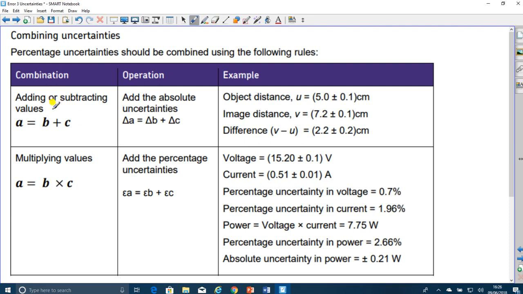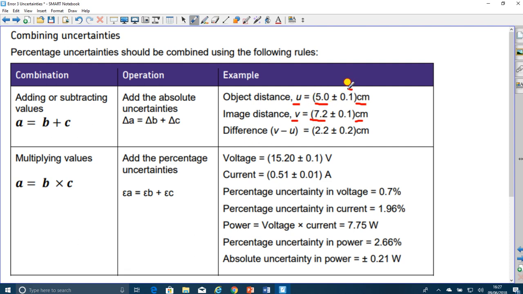So, for example, here we're looking at U and V. U is 5 centimetres, V is 7.2 centimetres, and we're subtracting them or adding them. It wouldn't make any difference whether you're adding or subtracting, but it would matter that they've all got exactly the same units. In this case, it's just 7.2 take away 5 is 2.2.